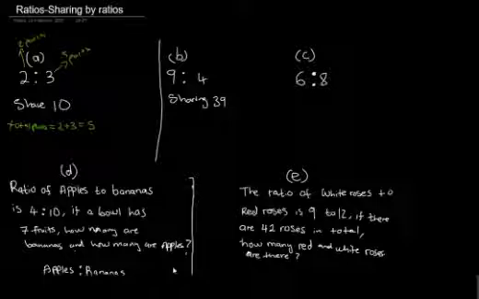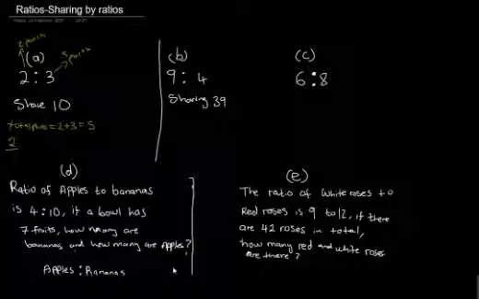Now you want to start sharing your number. You take the ratio number. So for the 2, it's going to be 2 over the total.